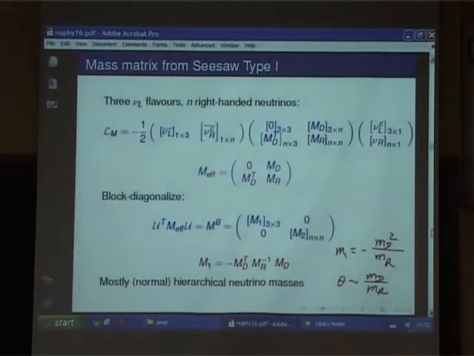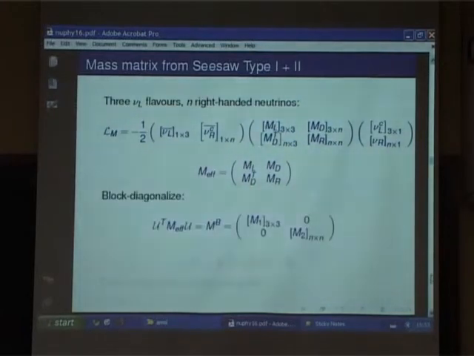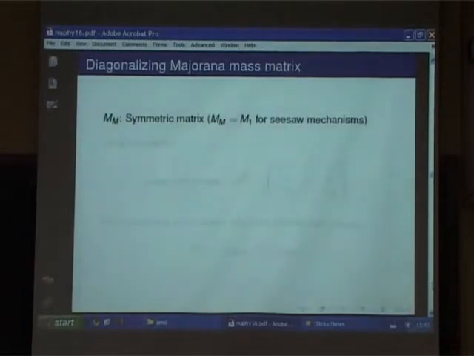Hermitian matrices are diagonalized by U dagger. This MM is not Hermitian. What kind of matrix is it? Symmetric matrix. So symmetric matrices are always diagonalized by U transpose, while Hermitian matrices are diagonalized by U dagger. So you have to be very careful. We'll see in about 5 minutes, it's very crucial to understand. This is something that one should never forget.